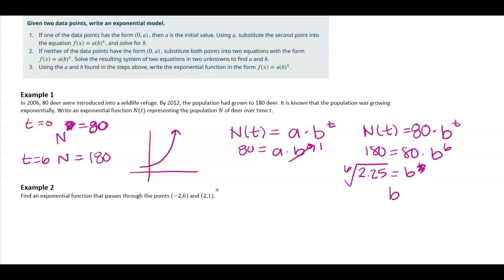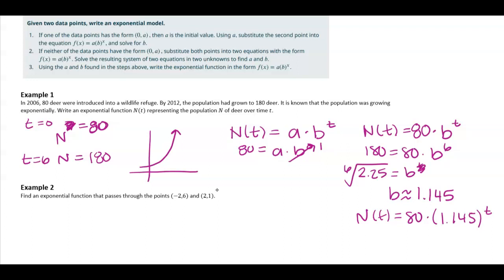And so the base is approximately 1.145. And so my final equation would be that n of t is equal to 80 times 1.145 to the power of t.